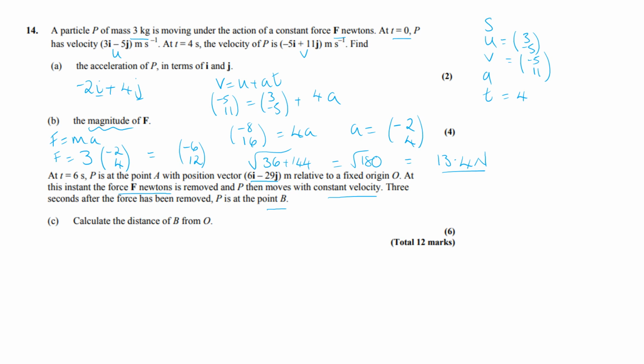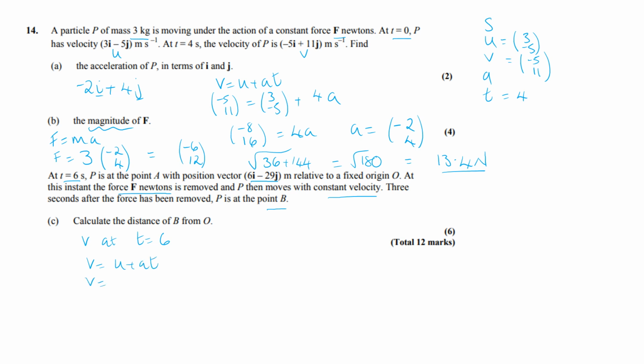So we need to know what the constant velocity is going to be, and that's going to be the velocity after the 6 seconds. So what is v at t equals 6? We can use that v is equal to u plus at again.